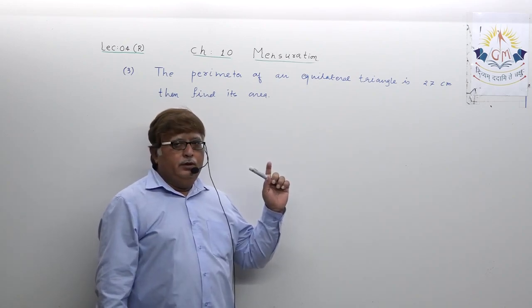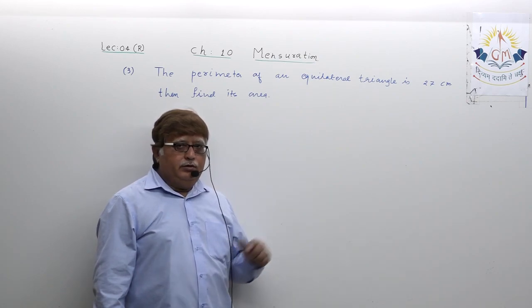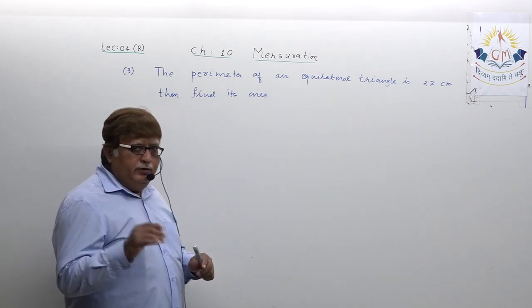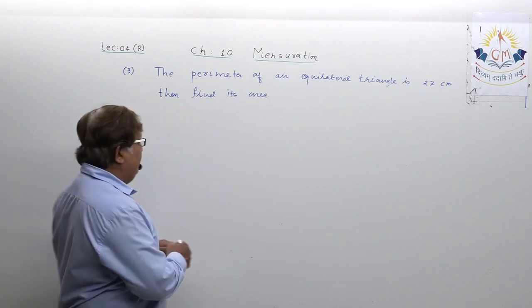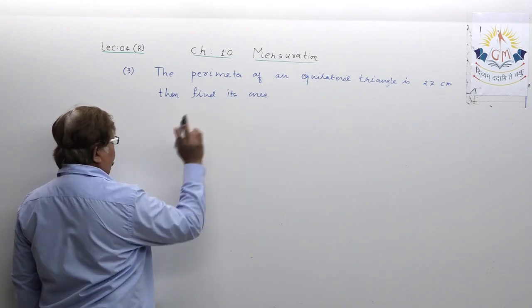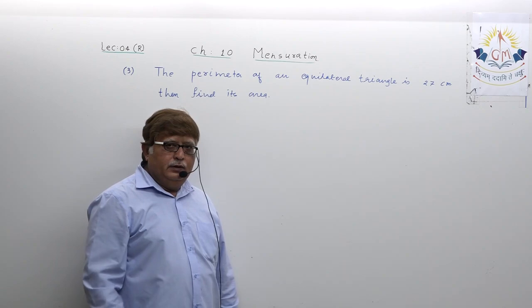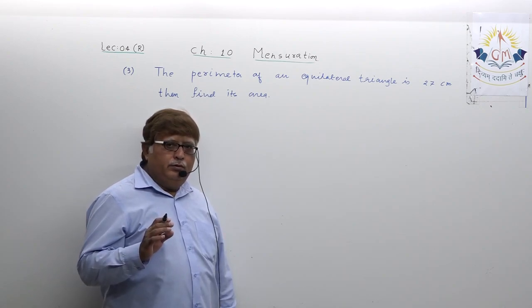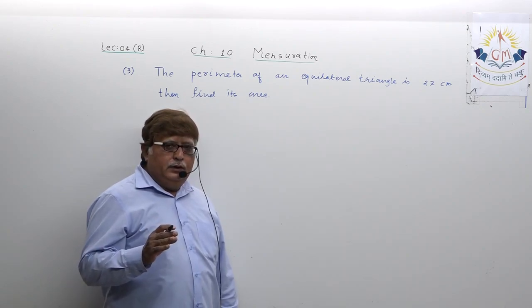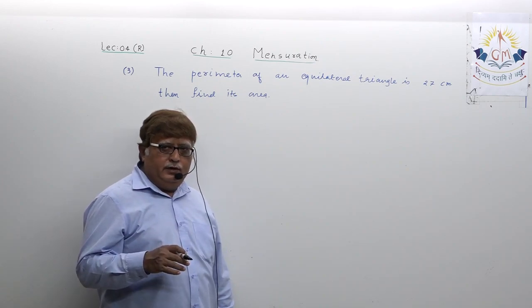Here perimeter is given and you are looking for the area. Dear student, understand some simple steps. Perimeter is 27 centimeter. You all know very well that all sides of an equilateral triangle are equal.